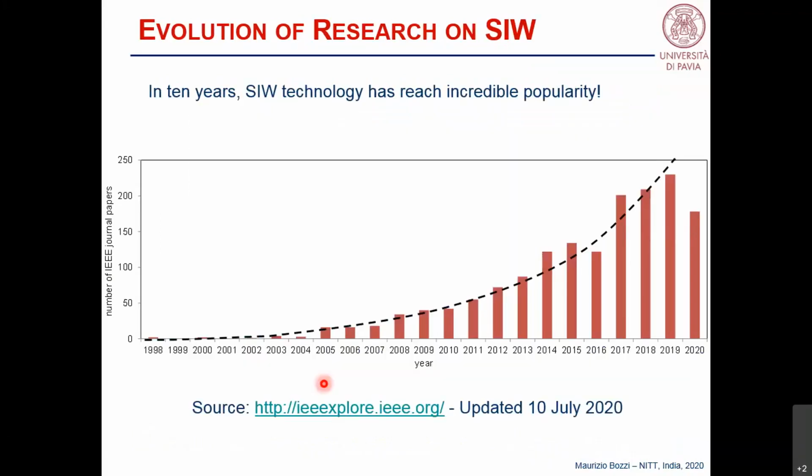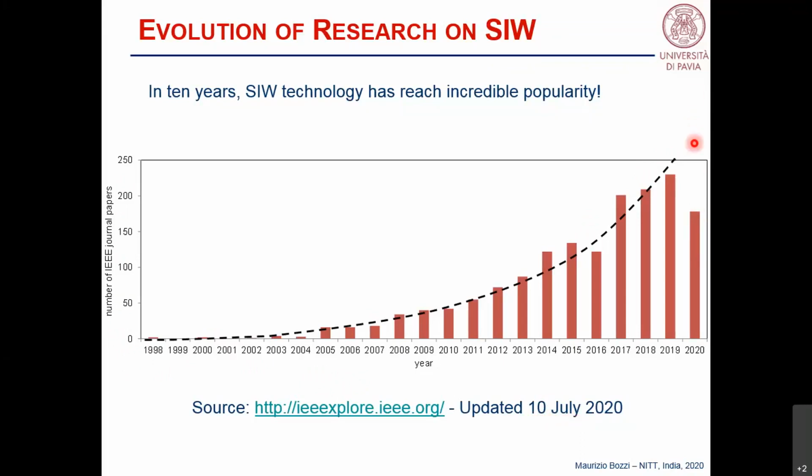In this slide, you see how popular SIW technology is becoming in the last years. You see in the vertical axis the number of IEEE journal papers, and in the horizontal axis the calendar year. You see that the first papers were published around year 2000, and then the number of papers on this technology started to grow, and this year, in the first half of the year, updated on July the 10th, we already have almost 200 IEEE journal papers.